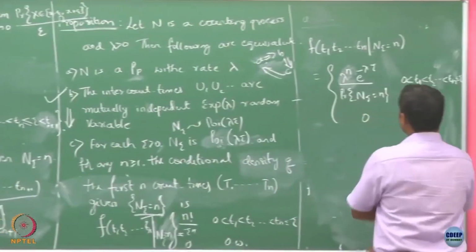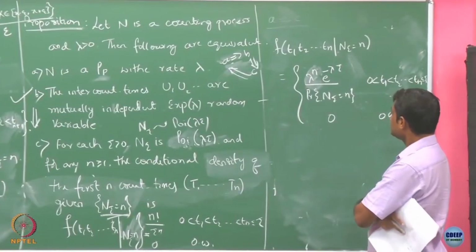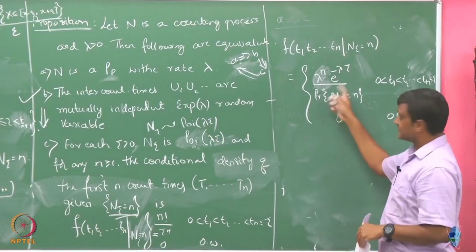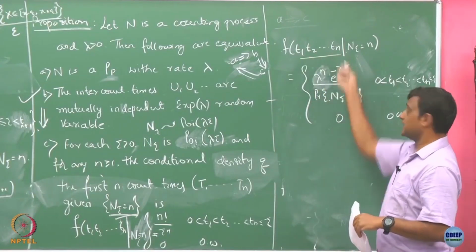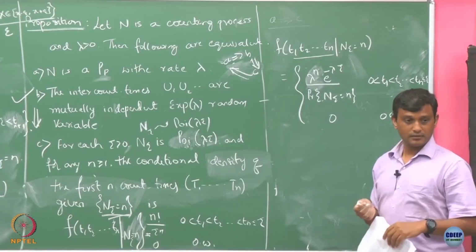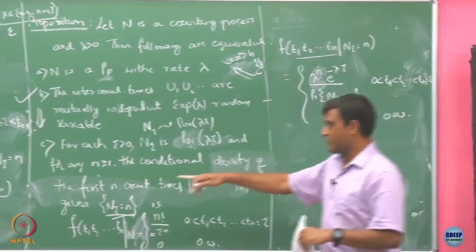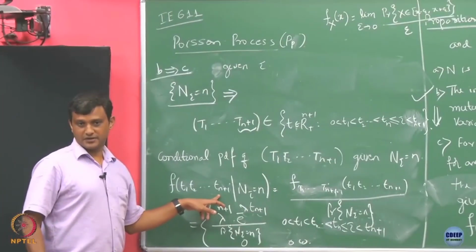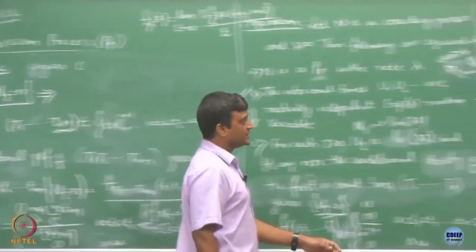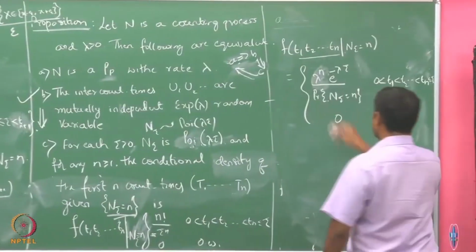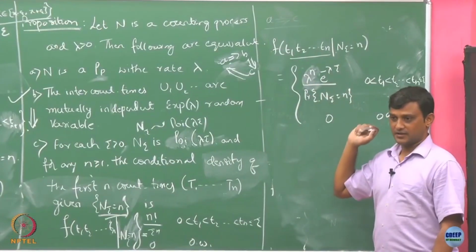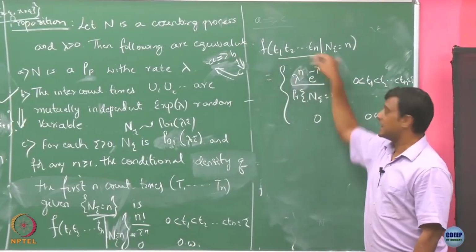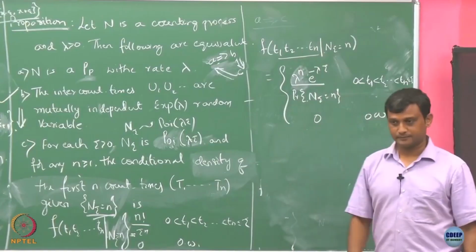Now if you just look at this function, does it depend on any of these variables here? Earlier, this function at least depended on the variable Tn plus 1, which was my argument, but now after integrating out, it is only e to the power lambda tau, and the denominator is also only my conditioning, N(tau) equals n.